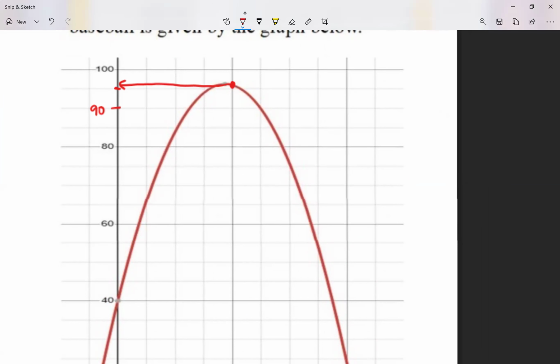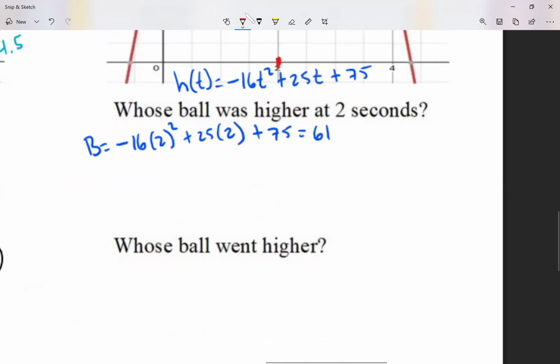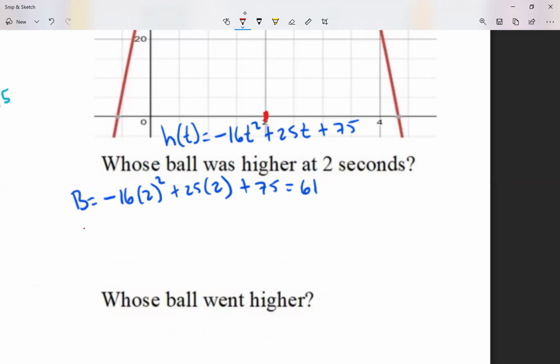The number right in between is going to be 95. So here on my y-axis, each square I count by fives. I'm going to say this is a little more than 95. So I'm going to call this 96. Andre was 96 feet tall.